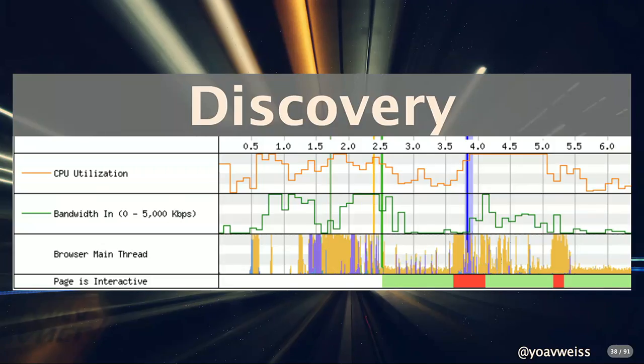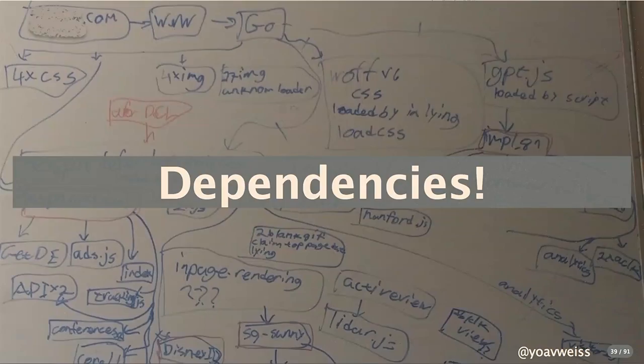The other performance issue is discovery, because of the way that browsers work that we discussed, many times browsers have to download resources in order to figure out which resources to download in order to figure out which resources to then download. So we have a lot of resources that are loaded at a late phase in the page load, and JavaScript often also loads resources, which can, again, lead to very deep dependency trees that have many layers and contain many nodes.